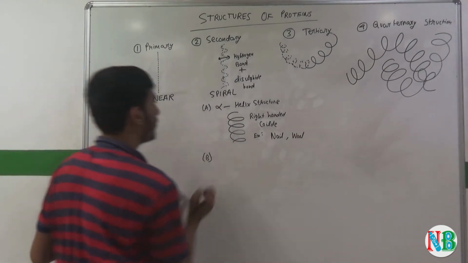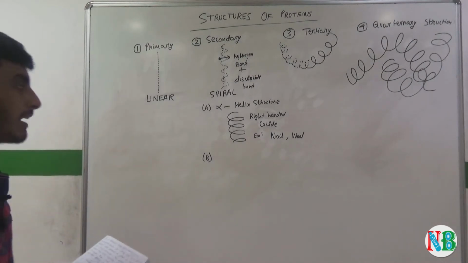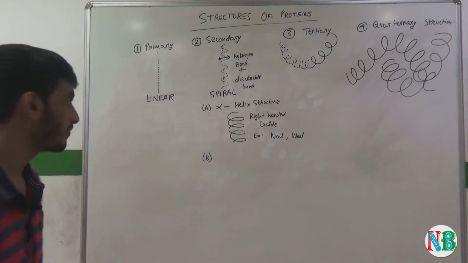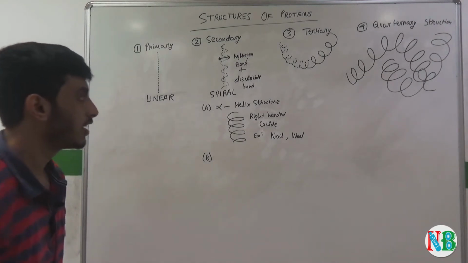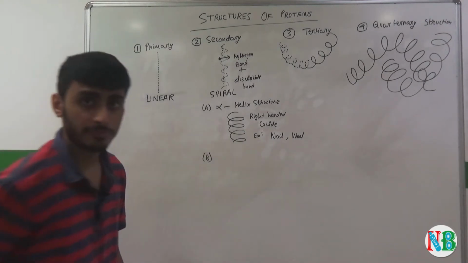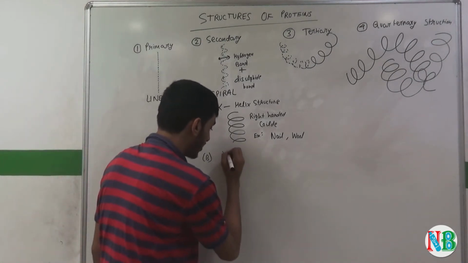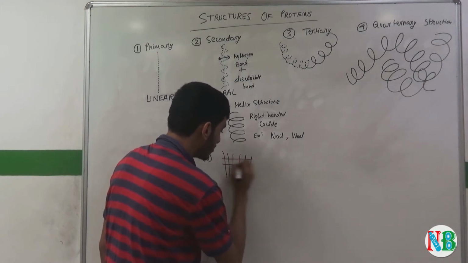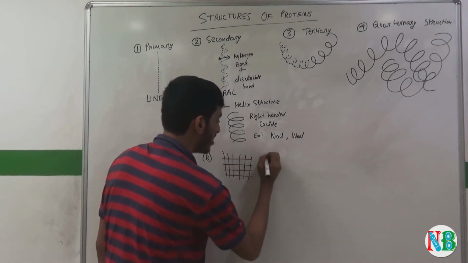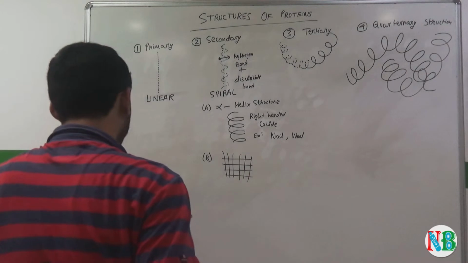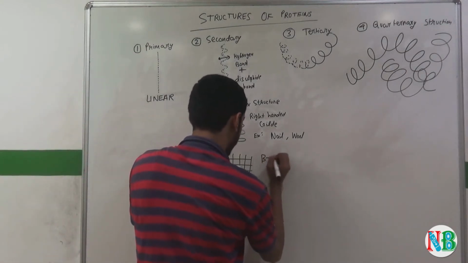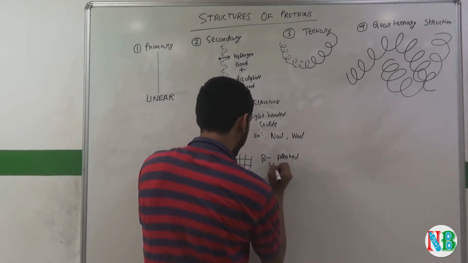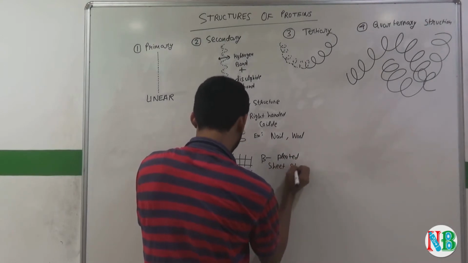The second type of structure is where these chains were not coiled, they are placed parallel to each other. They were joined using hydrogen bonds to form a surface. This kind of system is called a beta pleated sheet structure.